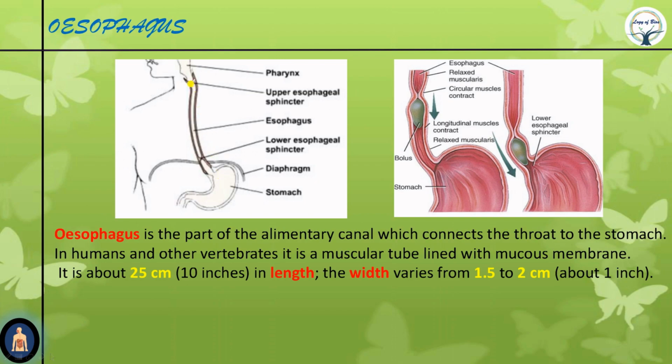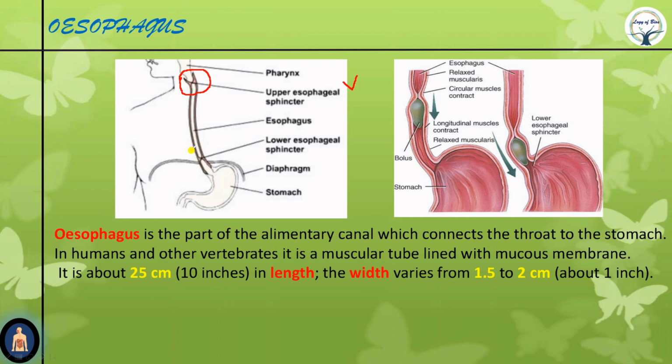So this one is the upper esophageal sphincter. It is located near the throat and it is voluntary. That means it is in our control, and anything which is voluntary is made up of skeletal muscles. So the upper esophageal sphincter is located near the throat, it is voluntary and made up of skeletal muscles.